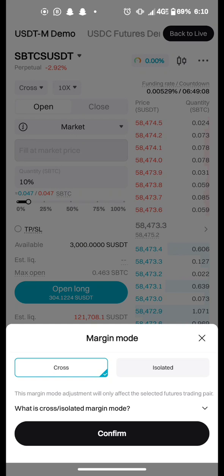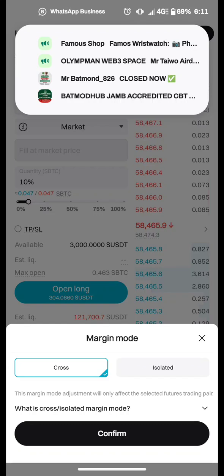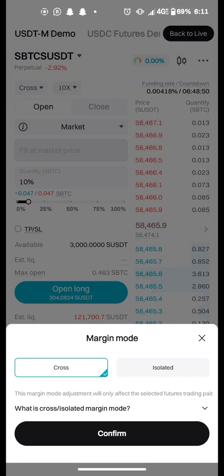Don't use more than 10% margin. Say our 10% margin here is 300 of 3,000. If we divide it into 2, we are risking 150. So when the trade goes to 150, it will automatically close.